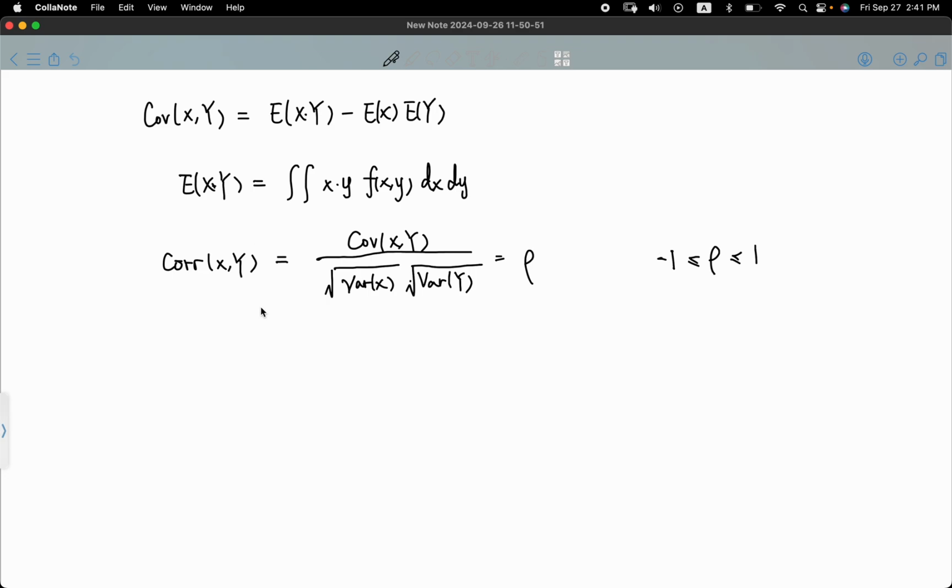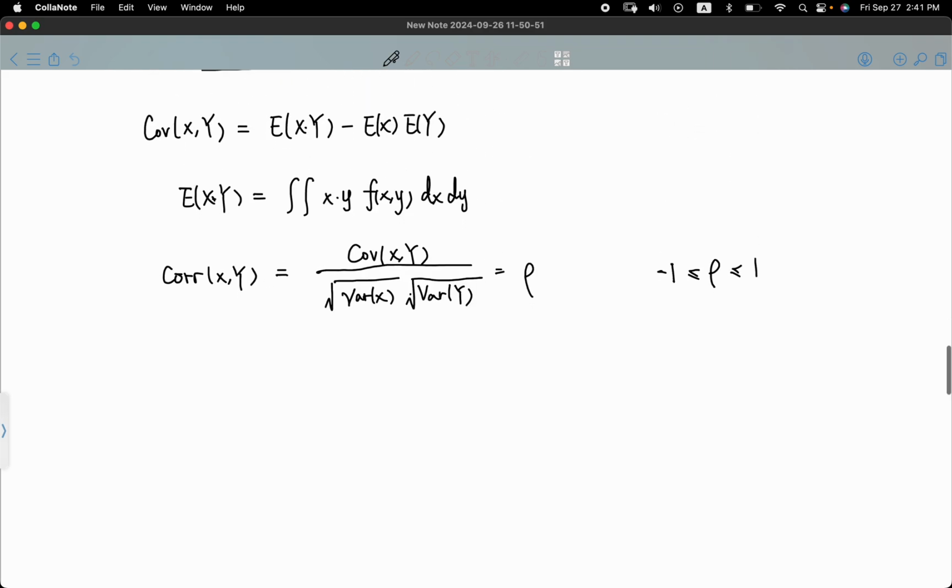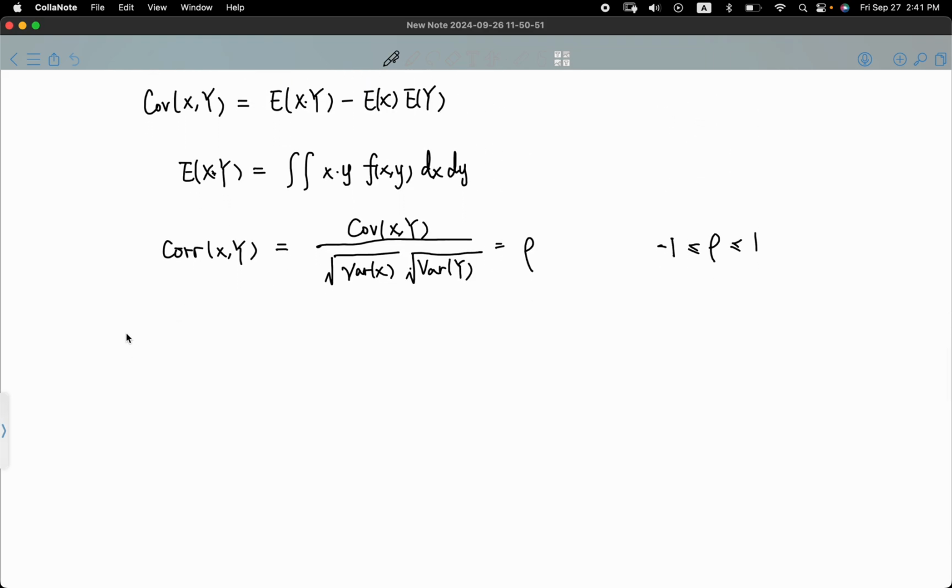Okay, then let's also provide some more formulas here. So we have the covariance of ax plus b and y is equal to a times the covariance of random variables x and y. So intuitively, a and b are constants here.